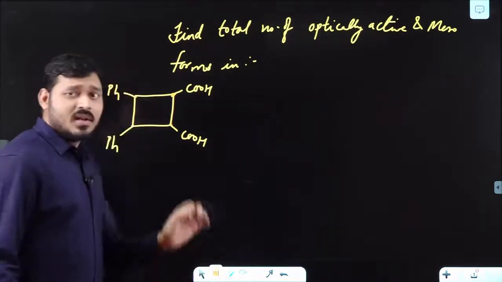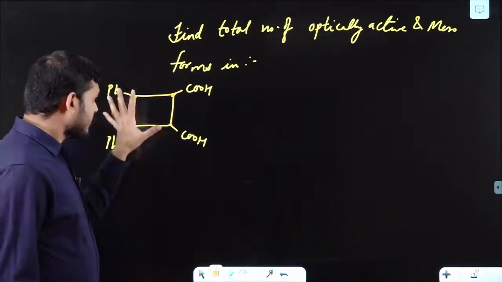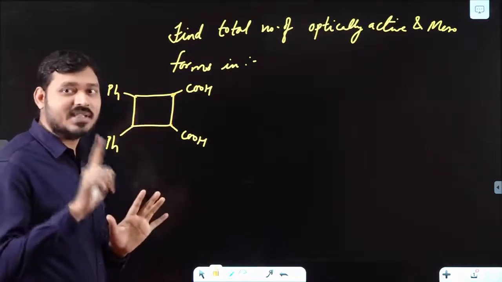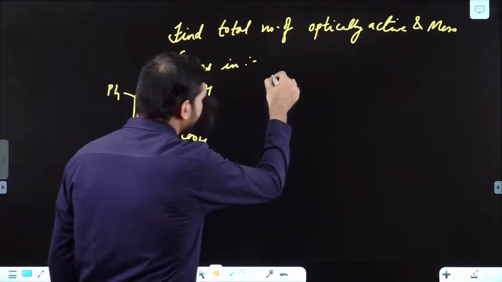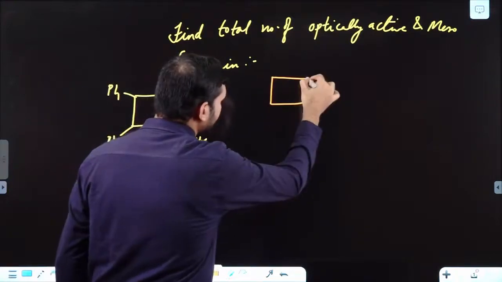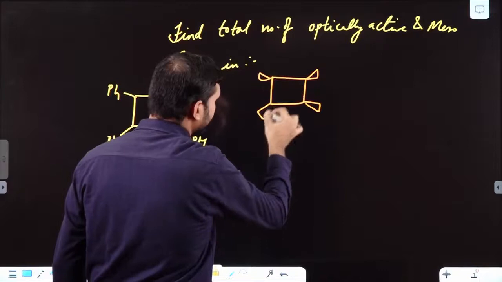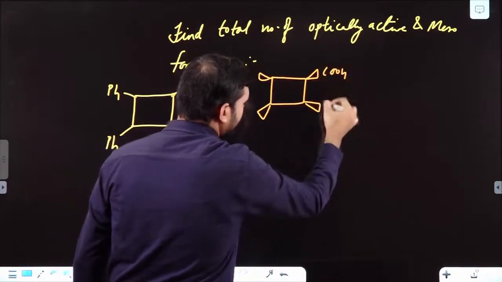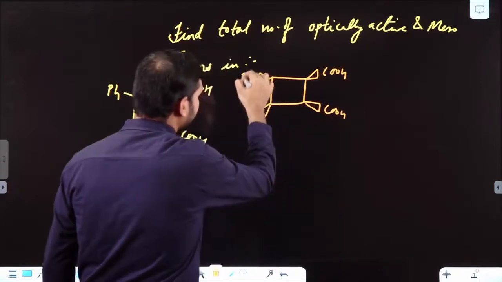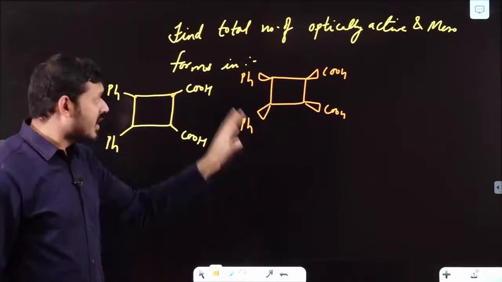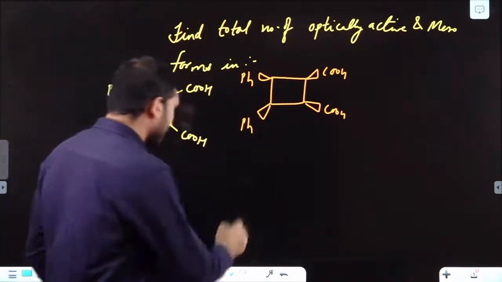See, one part is, first place all the groups on the same side, all on the same side. Okay, now in this case what you can find, it is a meso.